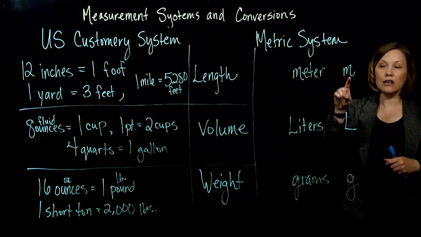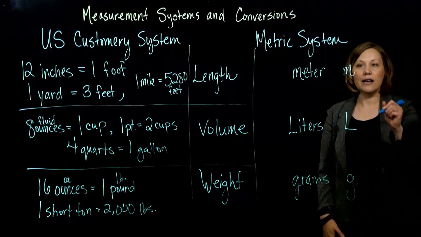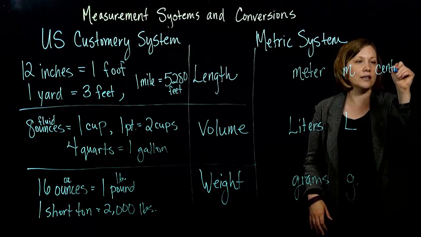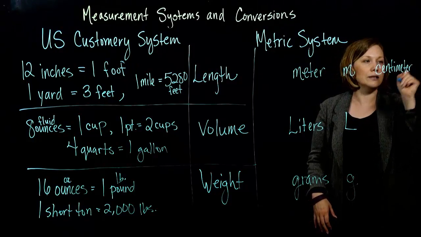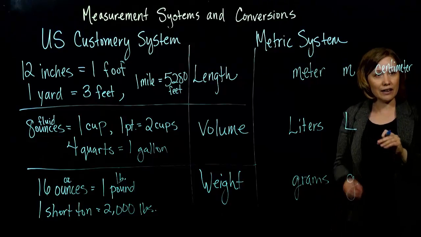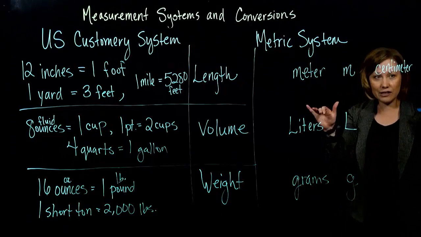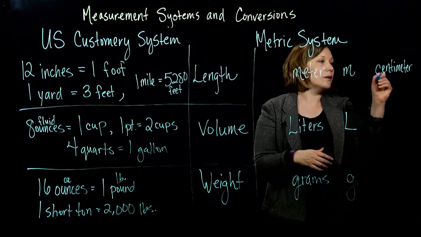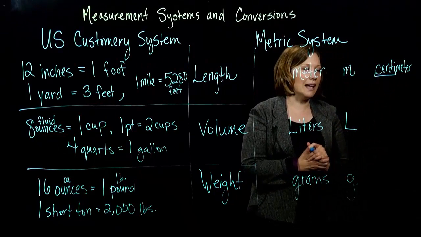So something you might have seen before is a centimeter, right? Probably familiar with this. Every ruler has centimeters on it as well as inches. On one side there's the centimeters, on the other side there's the inches. Well, for a centimeter, the prefix is centi.